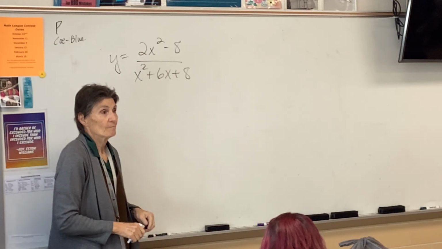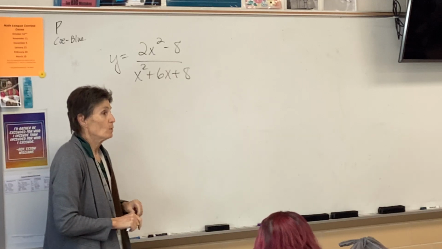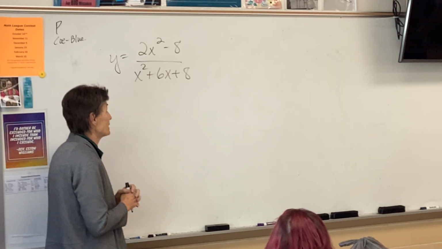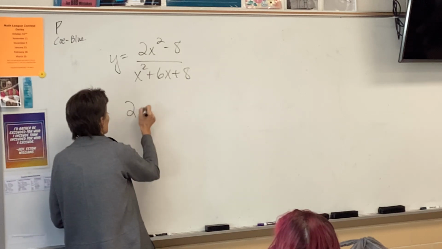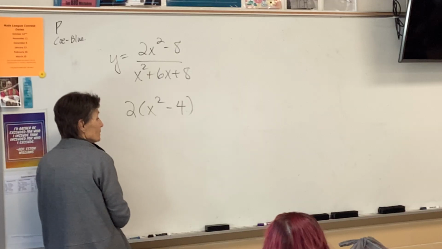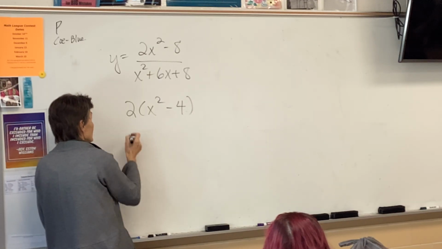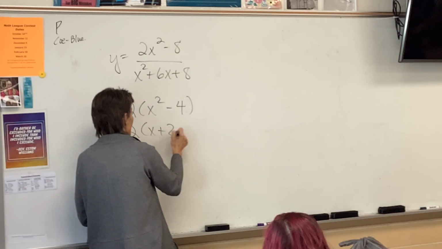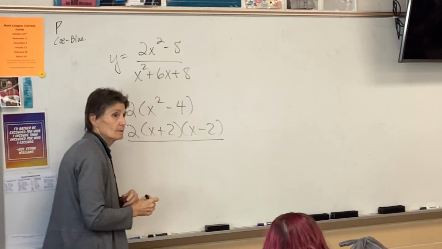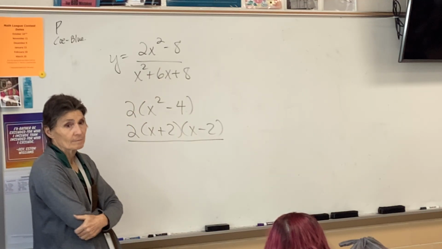First step, factor. And when we factor, we are going to take out a GCF on the top. Hopefully you recognize the GCF. That's the top. And what about x squared minus 4? It's a difference of squares: x plus 2, x minus 2. Now that's the numerator. It took me 2 steps in the numerator because I had a GCF.